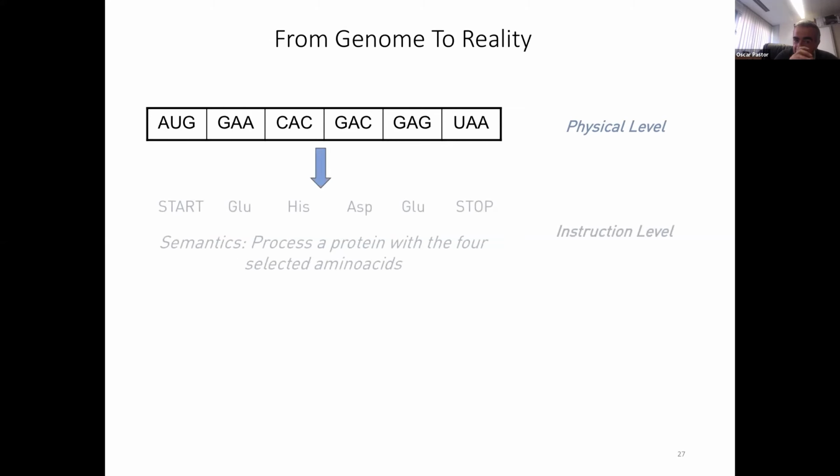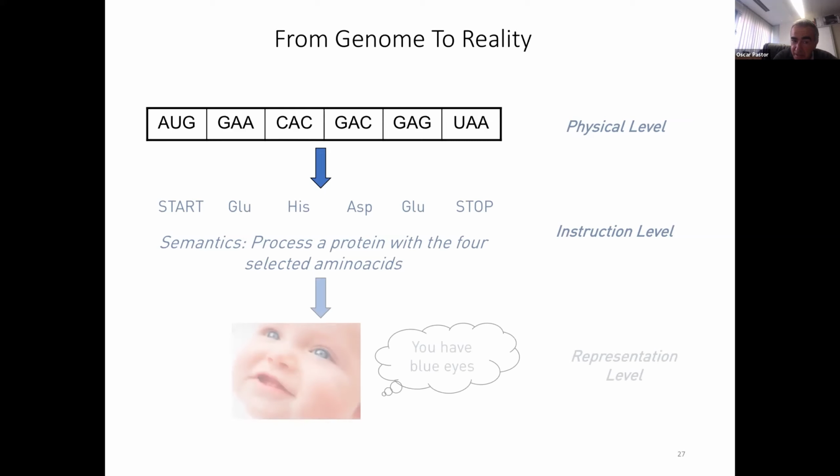But I tell them, this is amazing because this has a programming structure. There is even a begin and an end, start and stop. And each codon, each 3 letters, synthesizes an amino acid, and all together they process the protein that is generating an effect. But again, at this instruction level, this assembler level, they are not able to tell me what instruction we are writing here.